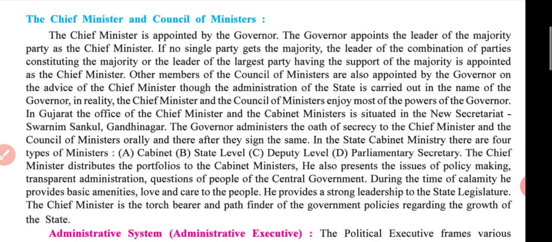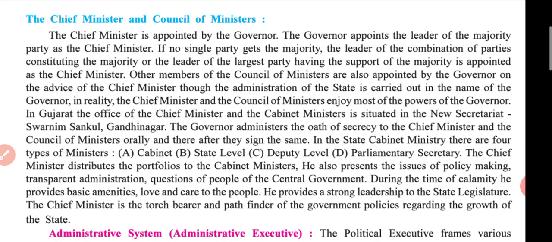During a calamity, he provides basic amenities, love and care to the people. He provides strong leadership to the state legislature. The chief minister is the torchbearer and pathfinder of the government policies regarding the growth of the state.